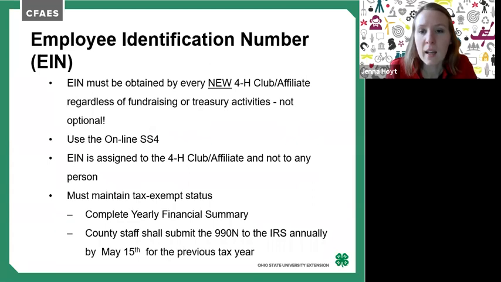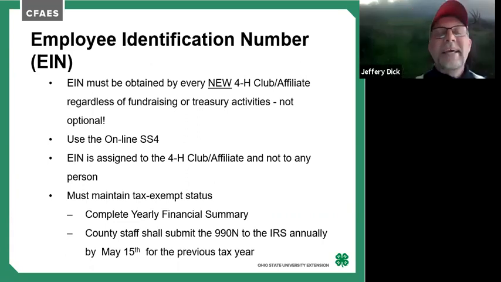Next thing we're going to talk about is employer identification number, otherwise referred to as the EIN number. Each club must obtain an EIN number specific to their club and or affiliate. And when we refer to the term affiliate, that means any of our 4-H committees that would be responsible to the county 4-H educator.